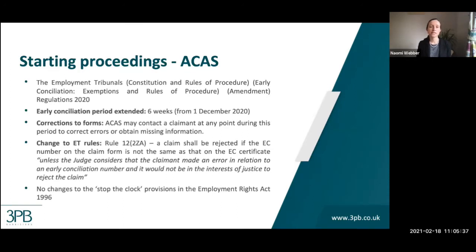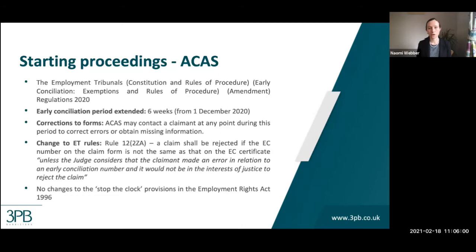It should be noted that this doesn't change the stop the clock provision, as we call it, in the Employment Rights Act 1996. That's where once ACAS is notified, time limits are paused until a certificate has been issued. The new extension to the conciliation period doesn't change that.